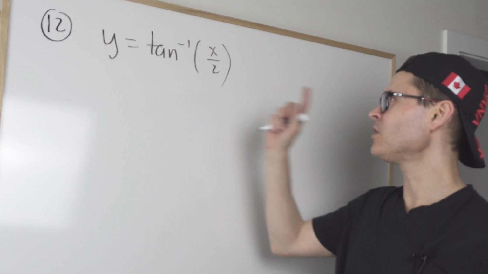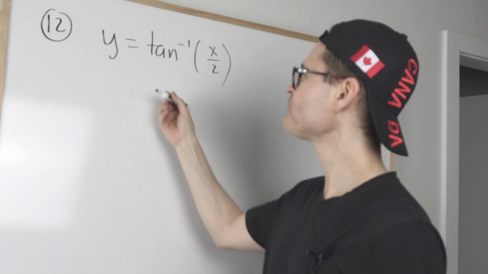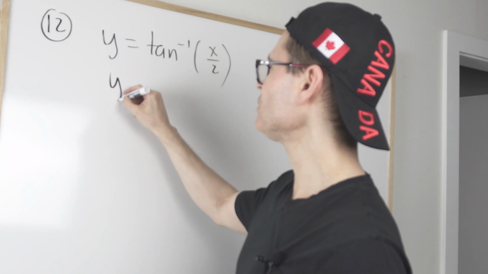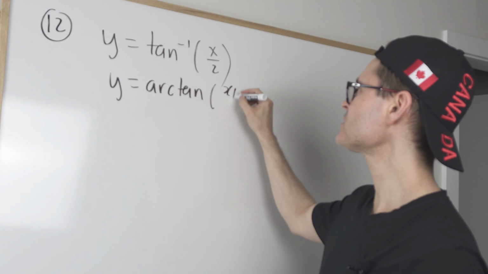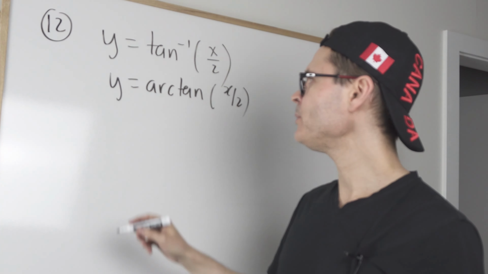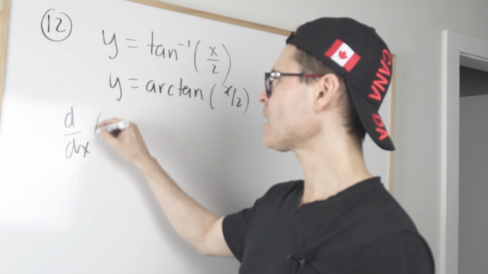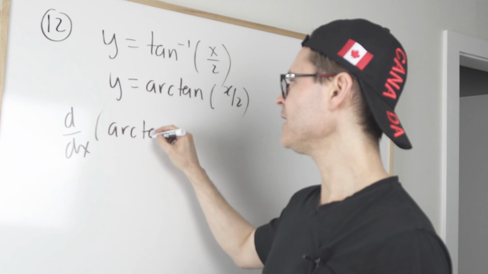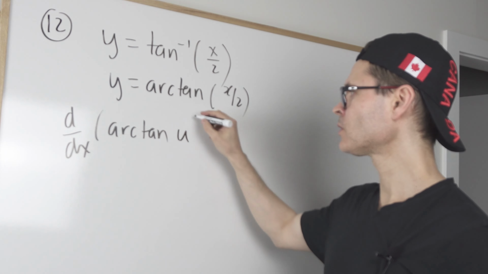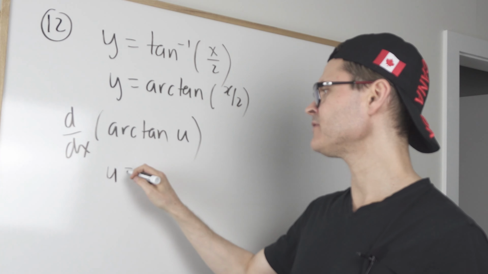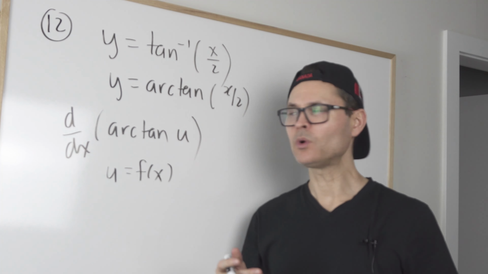Okay, this next one involves arctan. Sometimes it looks like this, tan to the negative 1, or inverse tan. So it could be written also as arctan of x over 2. And what we do know is that the derivative of arctan of u, where u is given as a function of x, this allows for the chain rule.